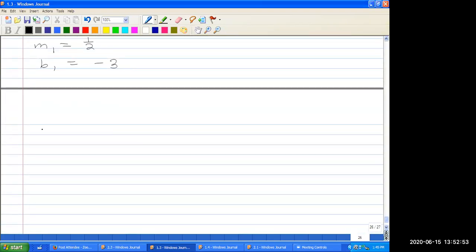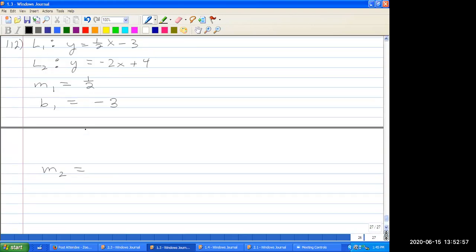The slope of the second line is -2, and the y-intercept is 4. The only reason for determining y-intercepts is just to differentiate when two lines are parallel and when two lines are coincident.